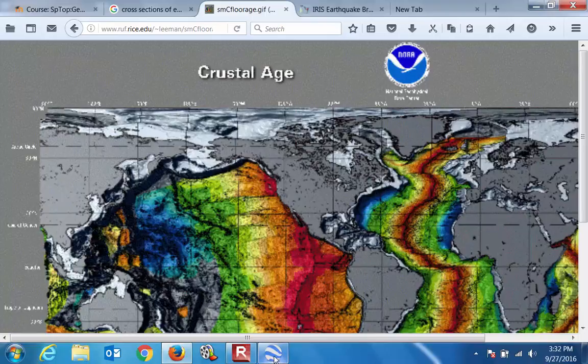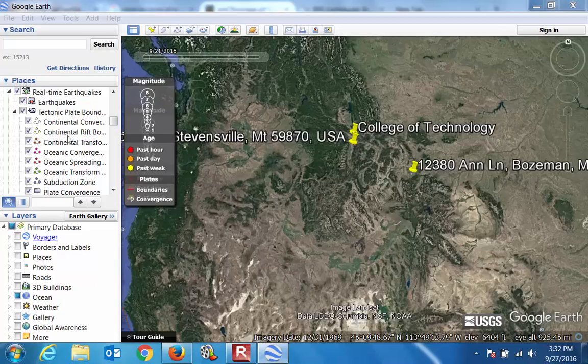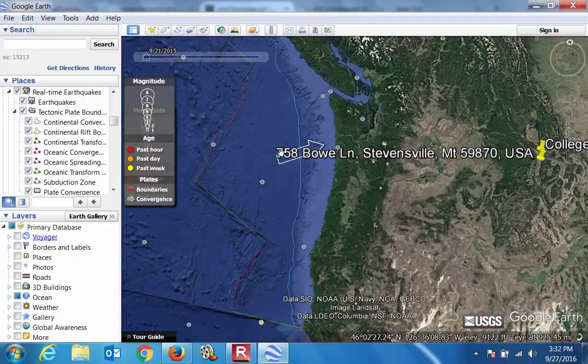Then you go back to your Google Earth. You can say, okay, what do we have as far as subductive continental plate? There's one right there, huh? Blue. Kind of help you get the answers to your questions in the quizzes. Combination: oceanic converging, oceanic spreading, transformal boundaries, continental transformal boundaries.